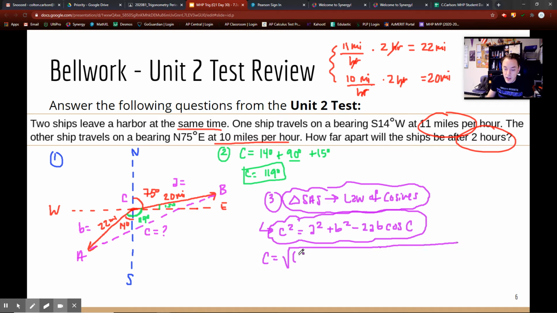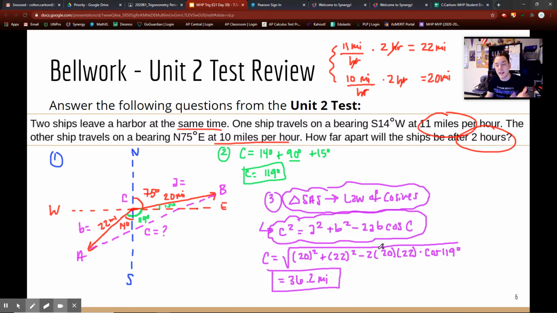So now I have A, which is 20 squared, plus 22 squared for B, minus 2 times 20 times 22, times cosine of C, which is 119 degrees. After I solve this out, it is roughly 36.2 miles.